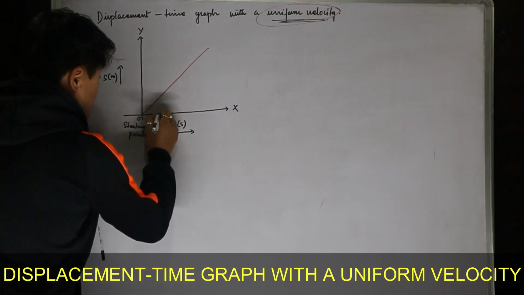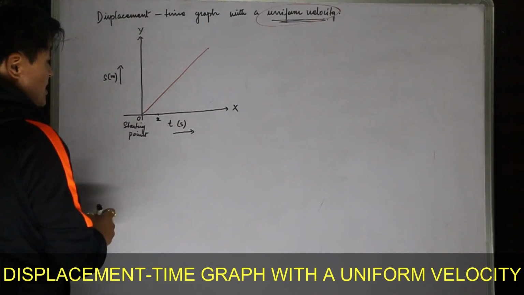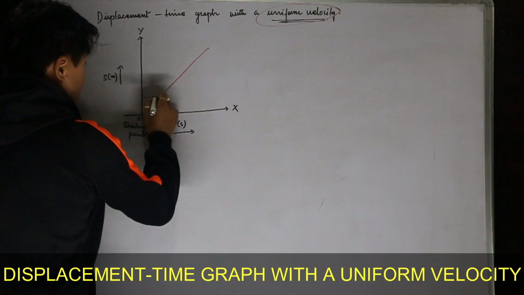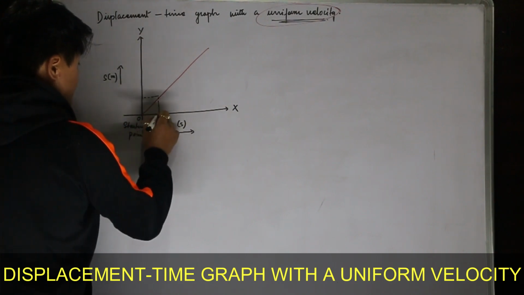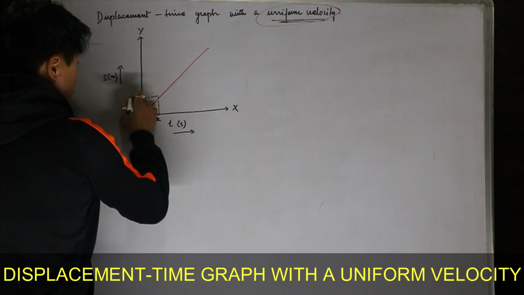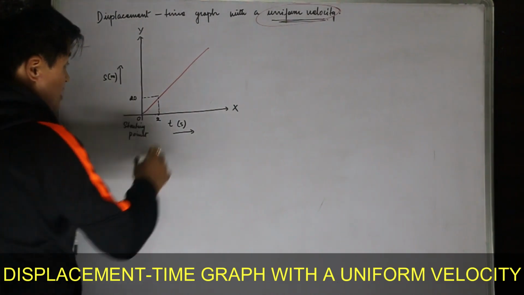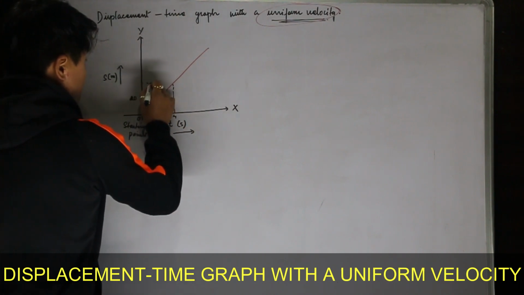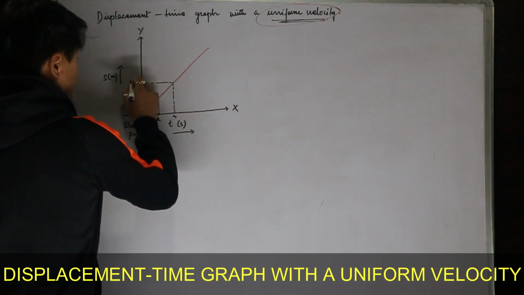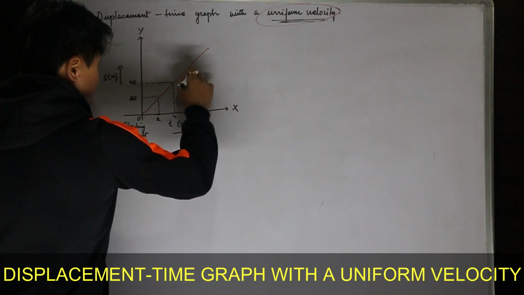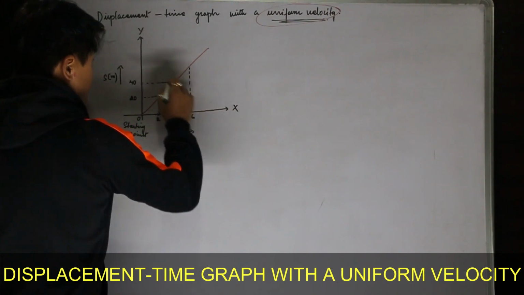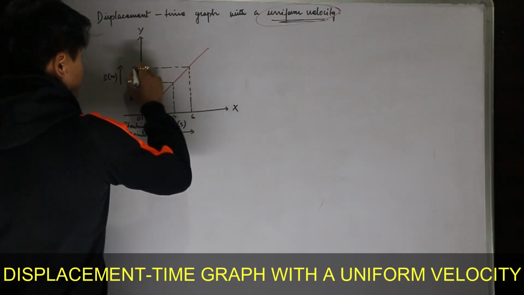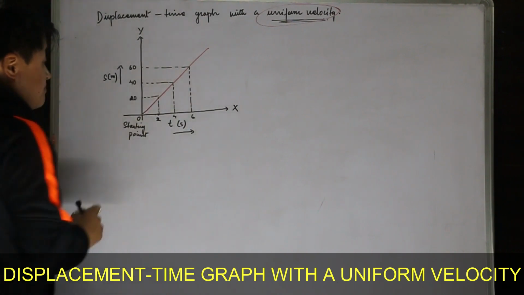Suppose we take 2 seconds, the distance covered by the car is 20 meters. In 4 seconds, 40 meters. In 6 seconds, 60 meters.